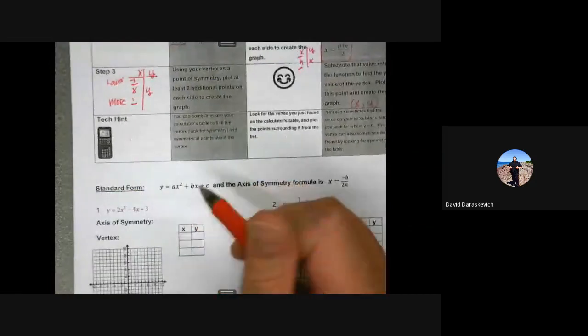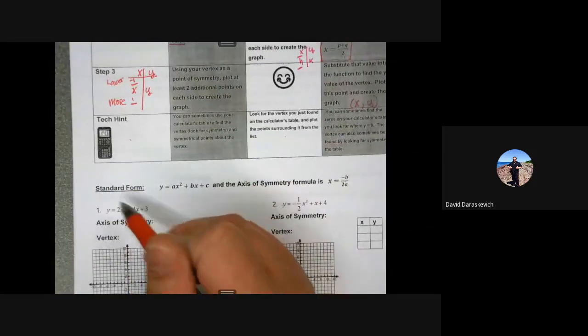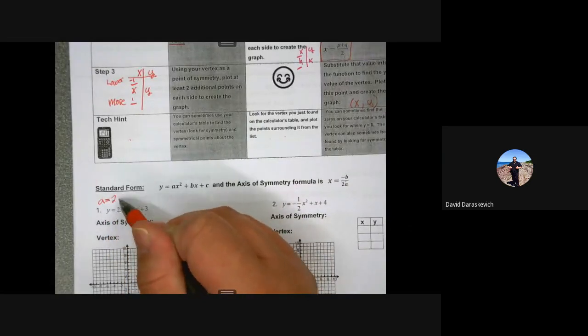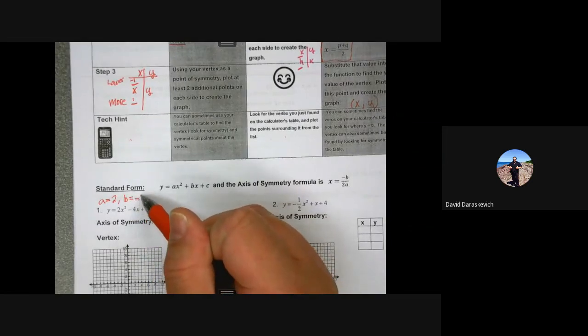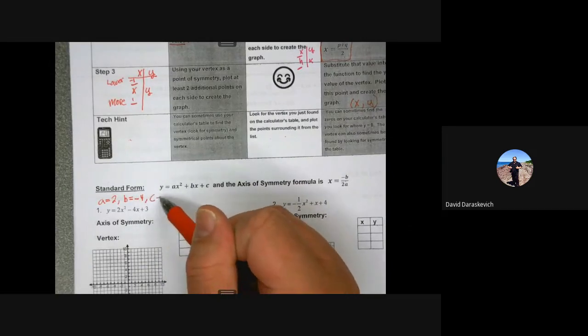So here, I'm going to put my a, b, and c up here. A equals 2, b equals, be careful here, negative 4, and c is a positive 3.